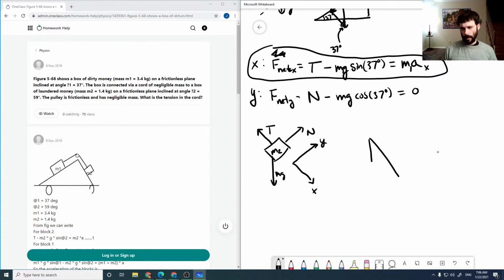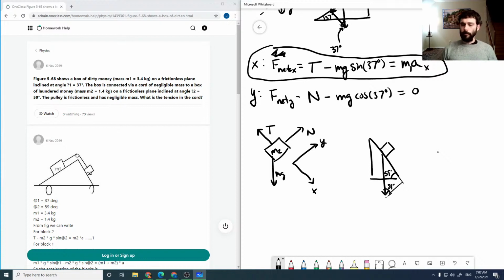So again, sketching out our triangle here. This is a 59-degree angle. Our mg force is straight down, which if we draw our similar triangle, that's our 59-degree angle.